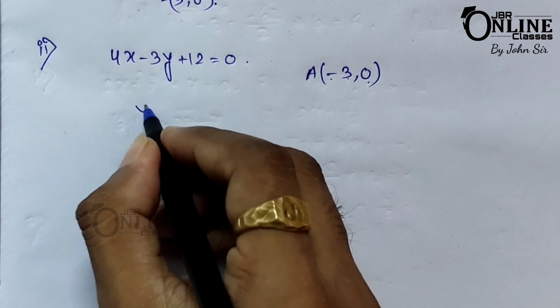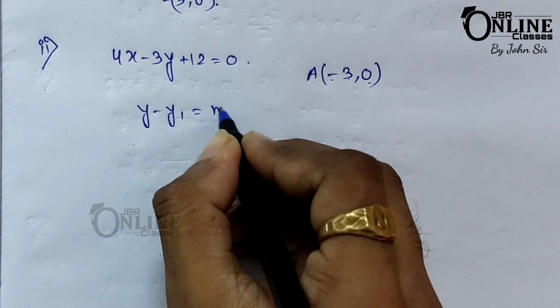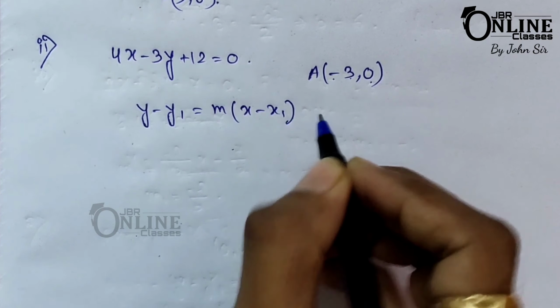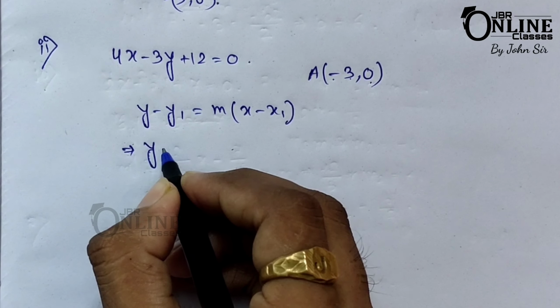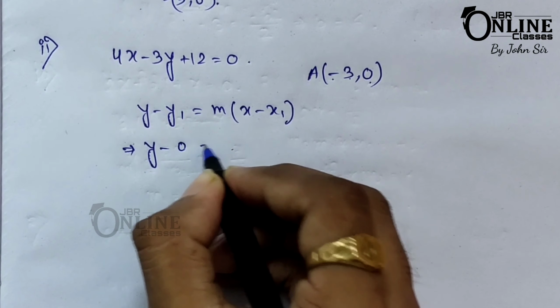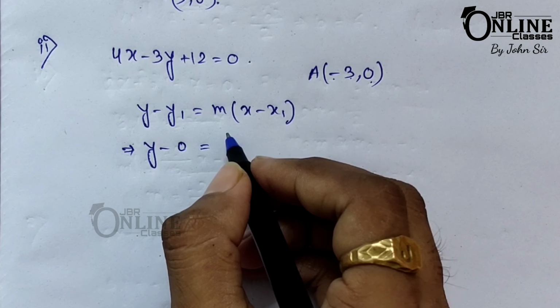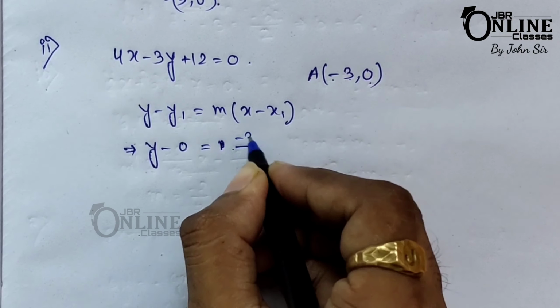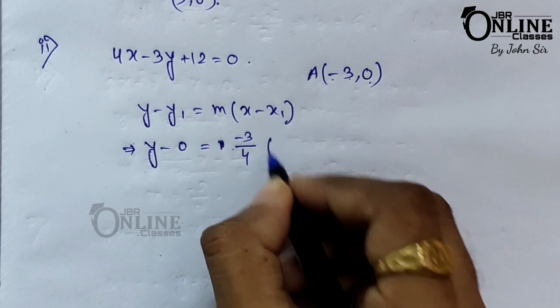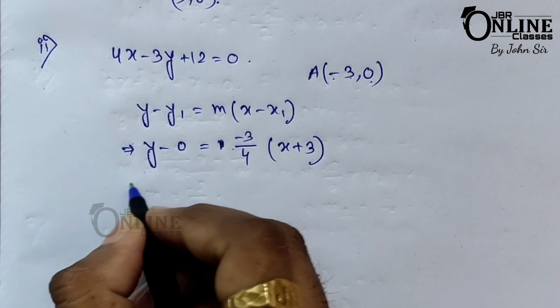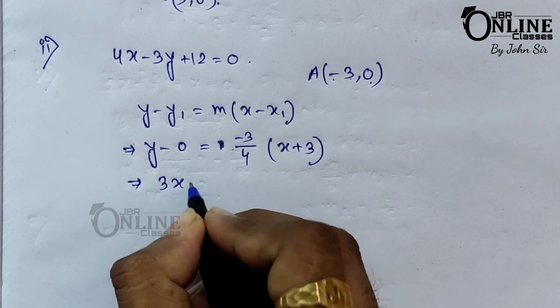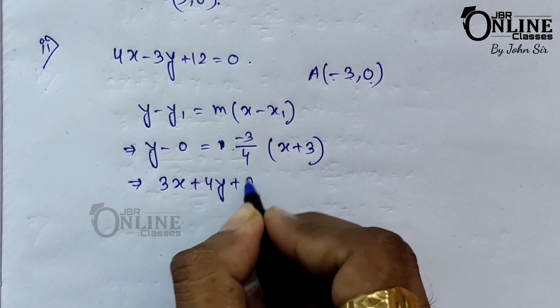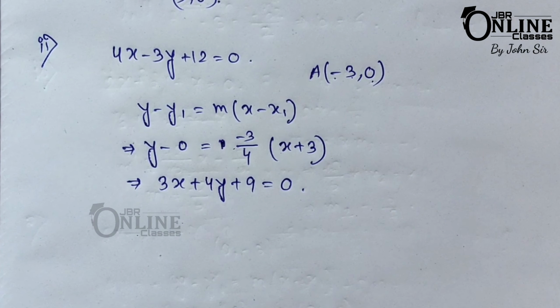Okay, so here y minus y1 equal to m into x minus x1. So y minus 0, and m, from the previous sum 14.1, the value of m2 equal to minus 3 by 4. So just put down this value and then x plus 3. So from here you can find out 3x plus y plus 9 equal to 0.